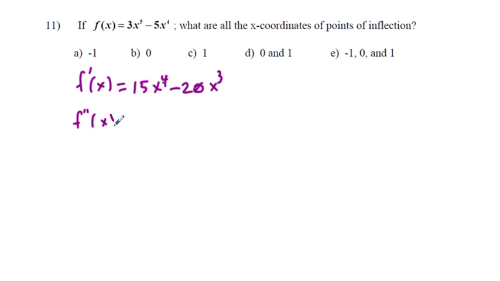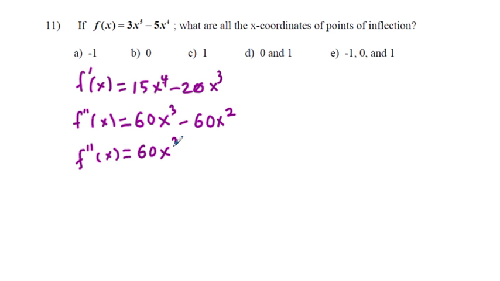Okay, next, f double prime of x is equal to 60x cubed minus 3 times 20, that's going to be 60x squared. And so to factor this out, f double prime of x is equal to, our greatest common factor would be 60x squared times x minus 1.